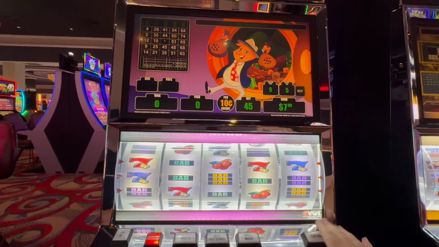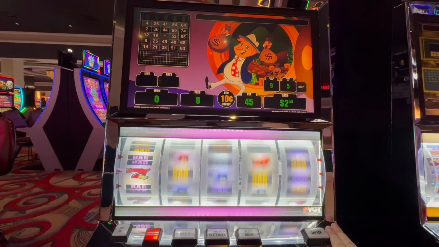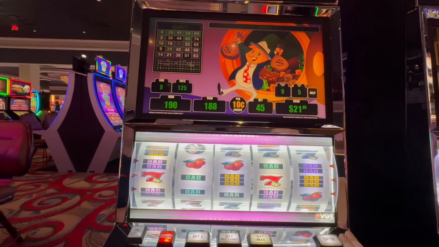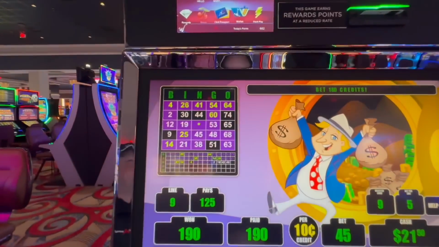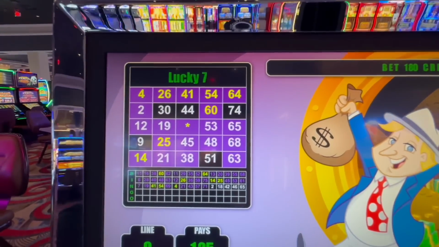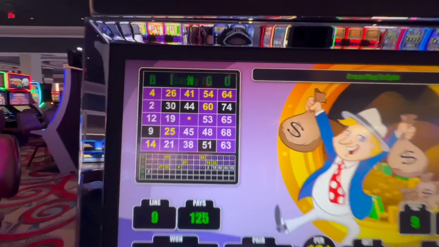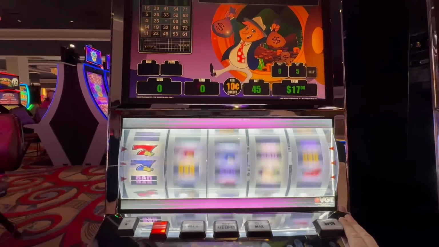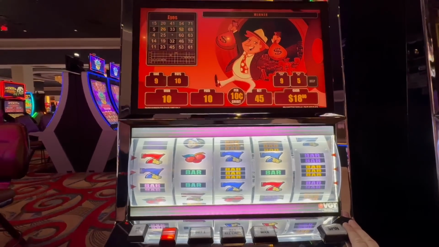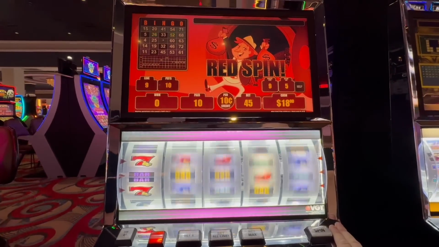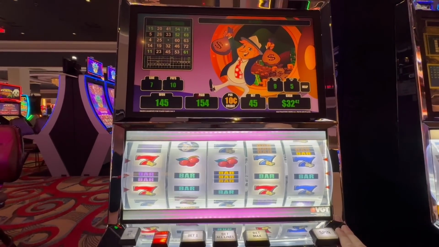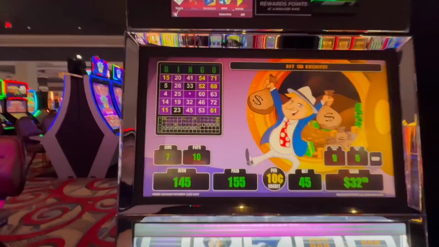That's okay. All right, last spin. And we got it, and it didn't go red. We got lucky 7 all by itself. So you see that pattern there? All right. No red screen though. Ah, we got a red screen. Starting with eyes. And again, just one, but we got the postage stamp.